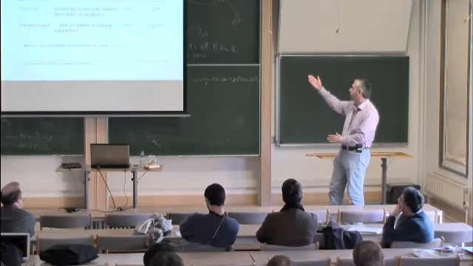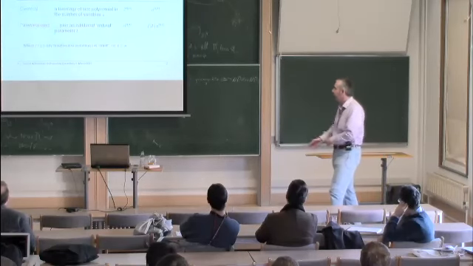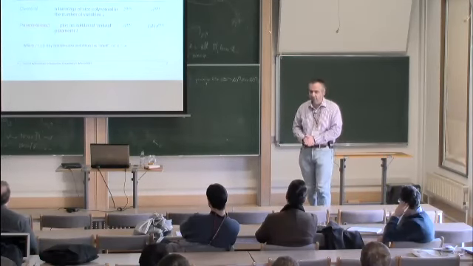The trivial proof would give me 2 to the n. If I'm clever, I can do it perhaps in polynomial size. If I restrict myself to the subsets of size k only, or size at most k, well, the trivial one, examining all these subsets, will give me n choose k, which is the same as n to the k. And the clever one is what is called fixed parameter tractable.